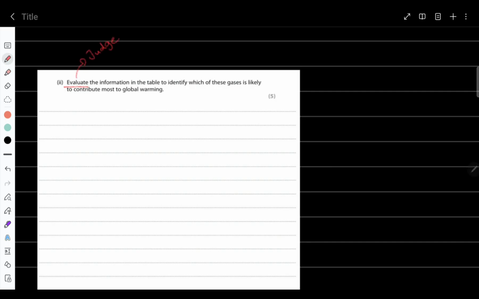You have to judge the information from the table, and based on this judgment you have to use evidence or reason to support it and then end with a final conclusion. You have to mention these three things, okay?